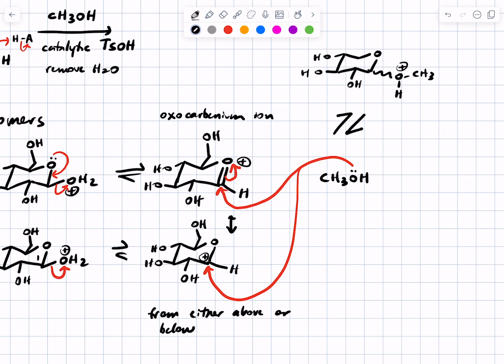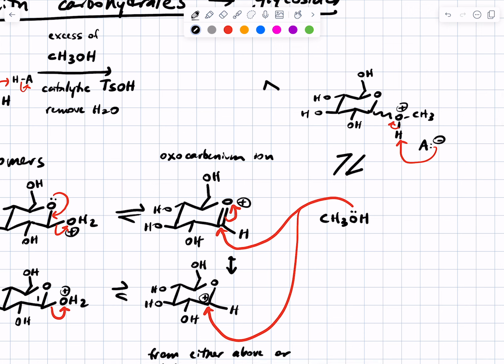And then to get to our final product, our acetal product, we would use the conjugate base of our acid to regenerate the acid catalyst, to deprotonate the oxygen from methanol, and get us to the final product, which is the methyl, what we will call the methyl glycoside of glucose.